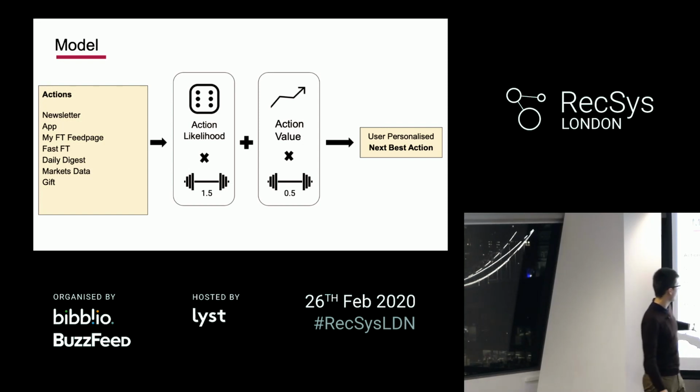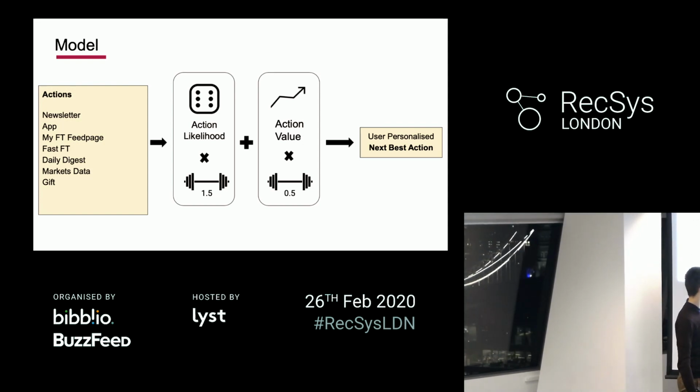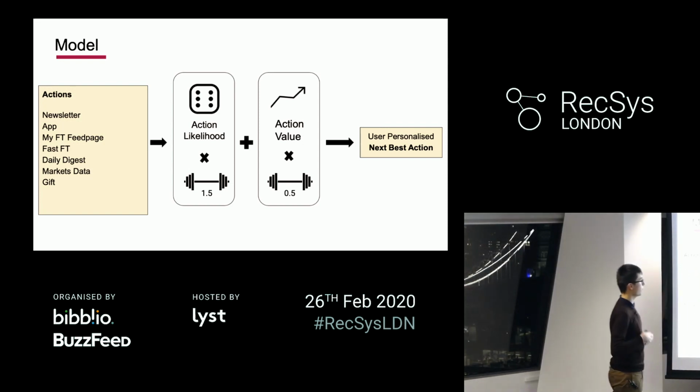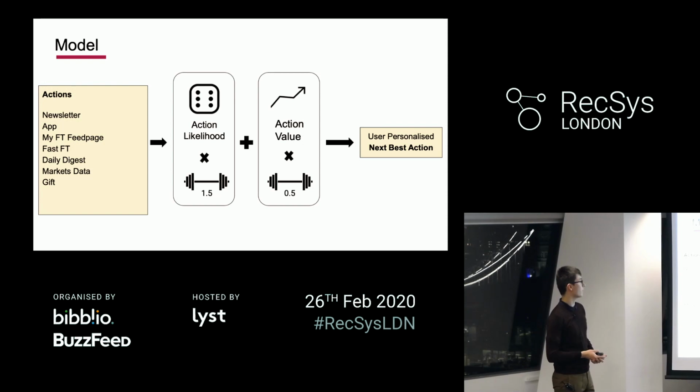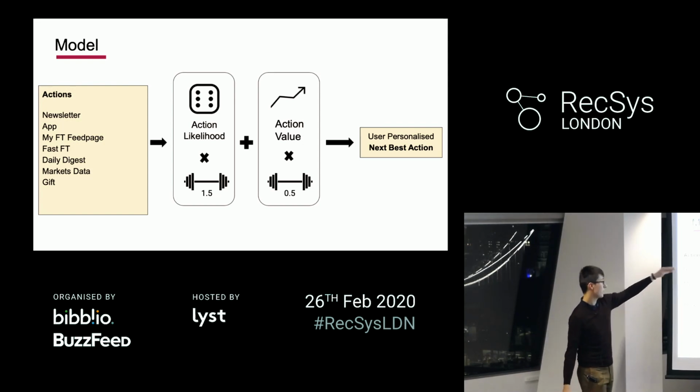The action relative value is computed by summing the action likelihood multiplied by its weight and the action value multiplied by its weight. As I mentioned, the action likelihood is the probability that a user will take a given action. For instance, what is the probability that a user will sign up for the newsletter?